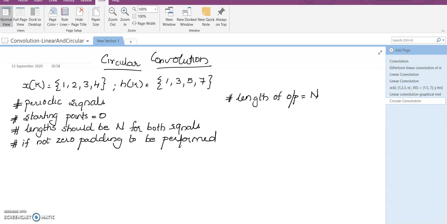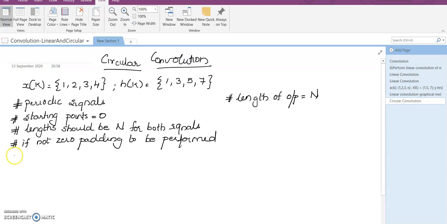The starting points will be 0 for both the signals x of k and h of k, as well as for the output signal y of n, which will again consist of N samples. The length should be N for both signals. If they are not of the same length, then zero padding is to be performed.